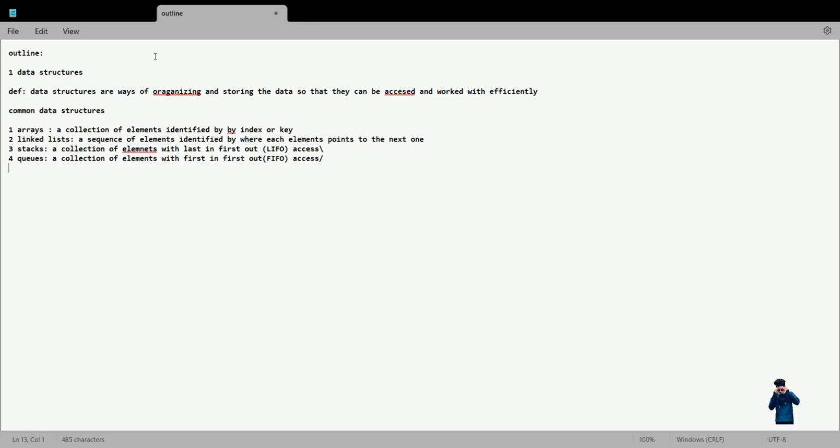So friends, after the completion of queues, the fifth one is trees.